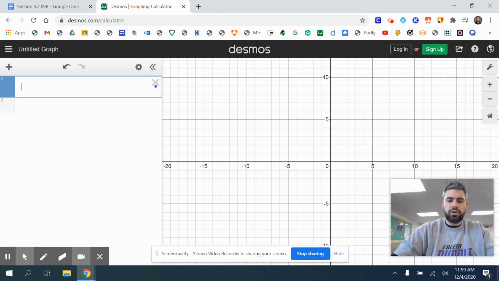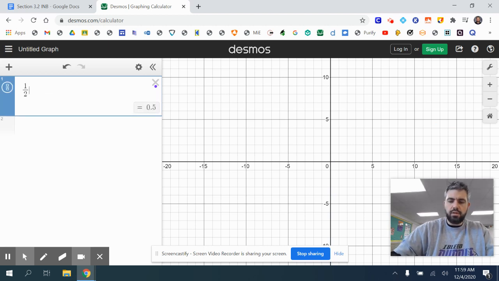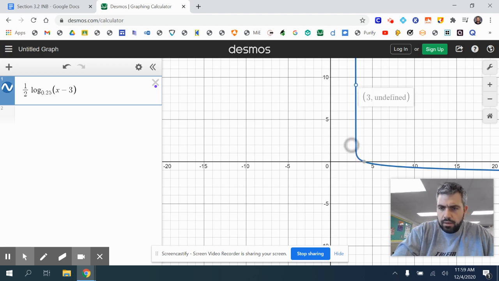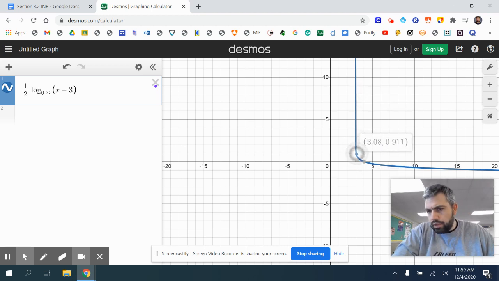All right, so we're going to do 1/2 log base 1/4, which is 0.25, of x minus 3. Okay, so let's look at our important points. So we have the point (4, 0), which was one of ours. We also had, if we follow along, 3.25, which was 1/2, which we had.